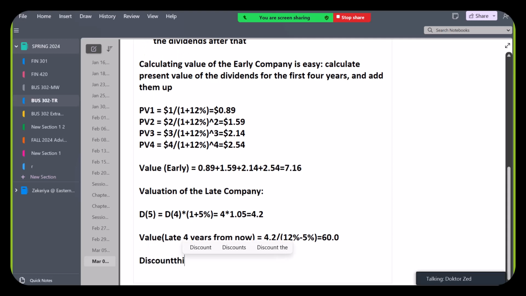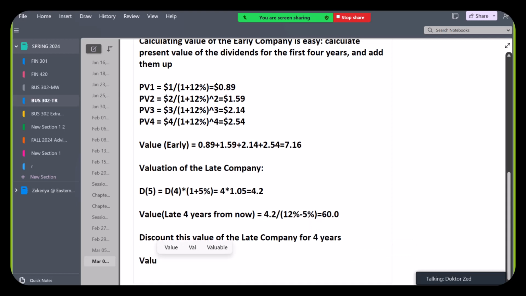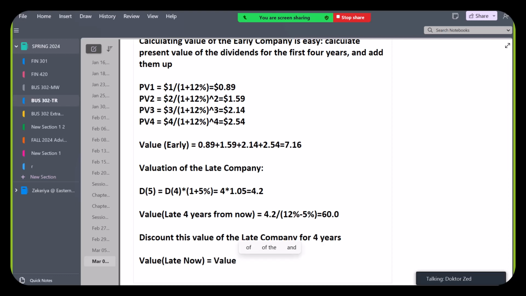So discount this future value of the late company for 4 years. So value of late now equals value of late 4 years from now, and divide that by 1 plus your interest rate to the power 4.